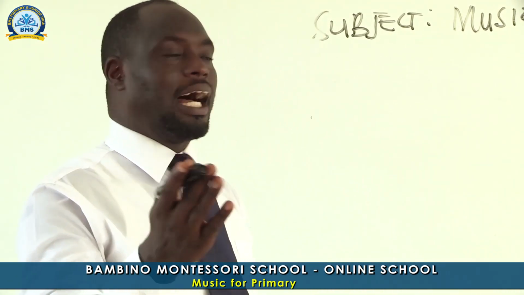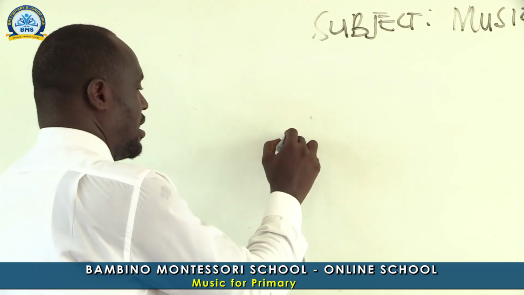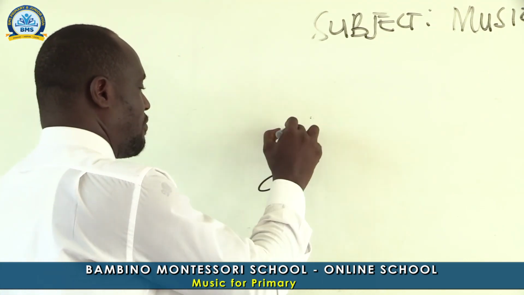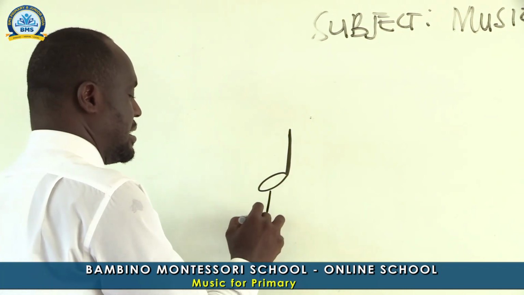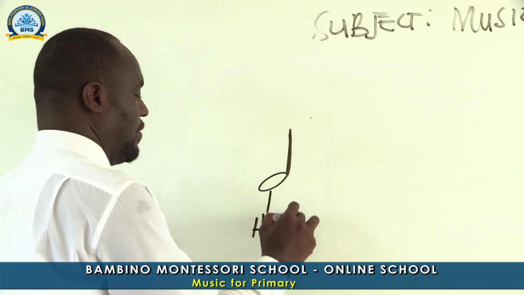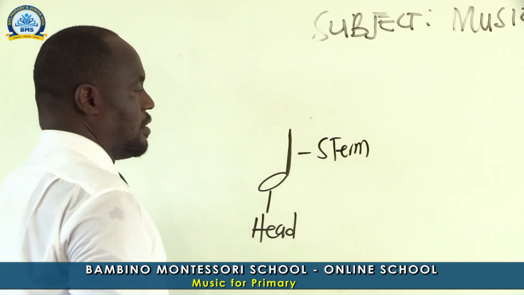Now, dotted notes, as the name implies, tells us that, let's say we have a half note. This is the head of the note, and this is the stem of the note.